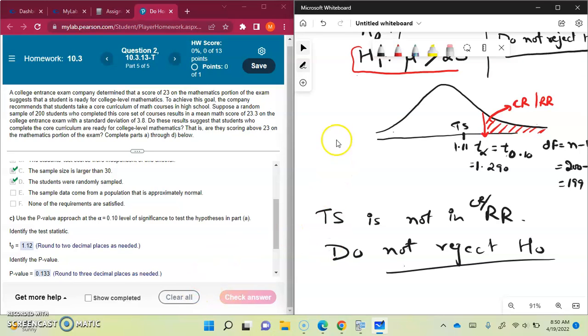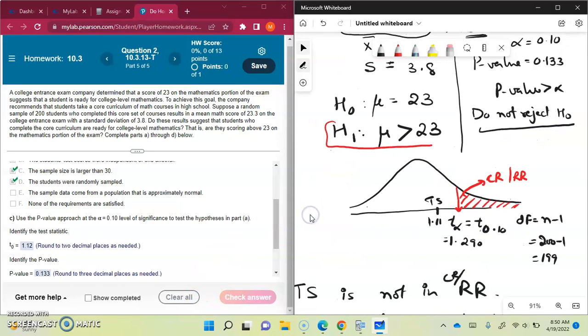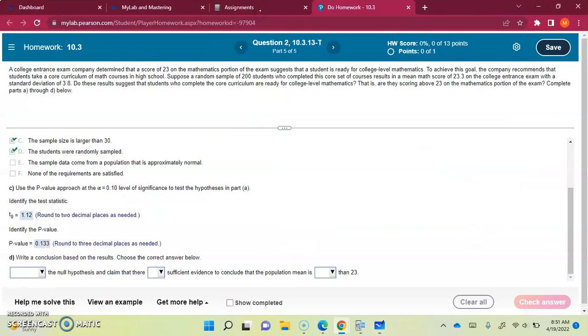So what is happening in the conclusion? We are not rejecting H naught, so that means we are rejecting H1. We do not have sufficient evidence of student scores increasing. Let's see what it says. The conclusion is: do not reject the null hypothesis. There is not sufficient evidence to conclude that the population mean is more.